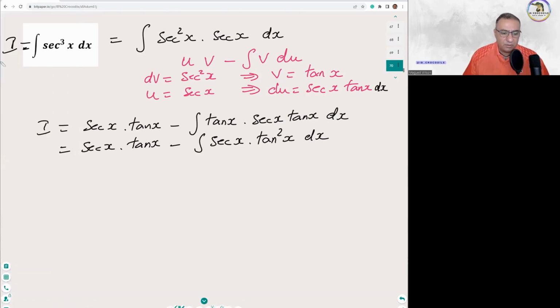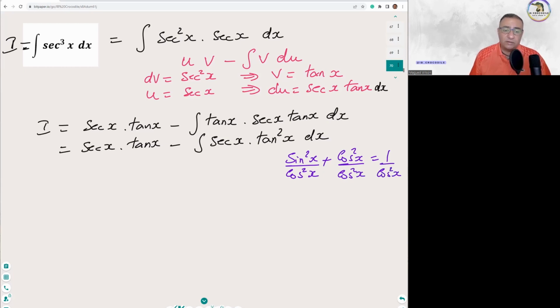So we know for sure that sine squared x plus cosine squared x equals 1. If you divide both sides by cosine squared x, what do you get?